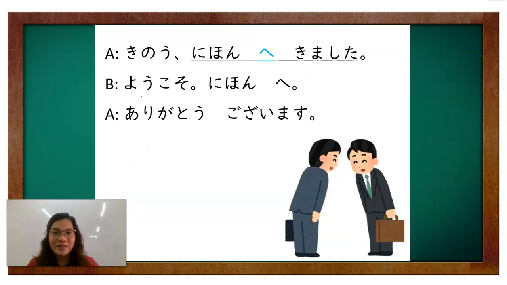Arigatou gozaimasu. Okay, now let's practice role playing. I will be A and you will be B. Kino Nihon e kimashita. Arigatou gozaimasu. Okay, how about let's switch role? Go. Yokoso, Nihon e.